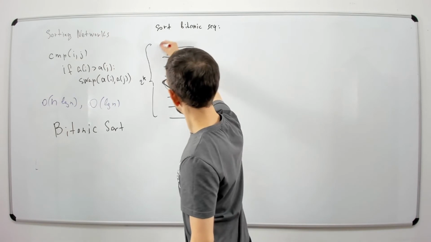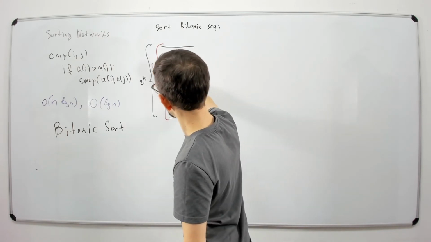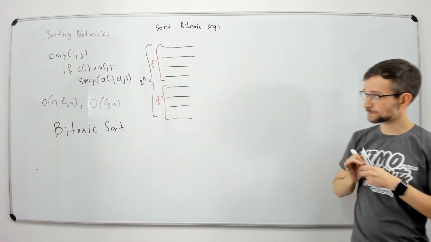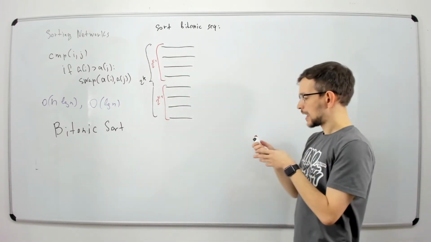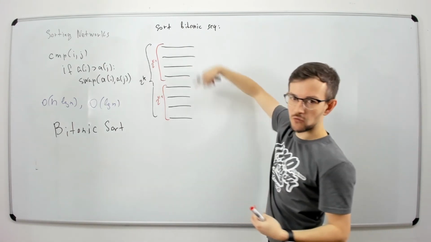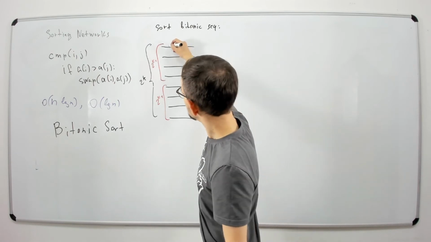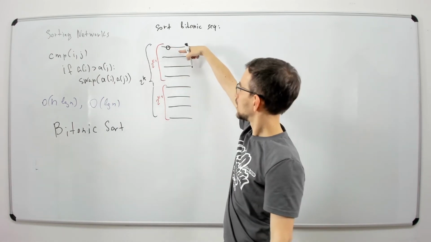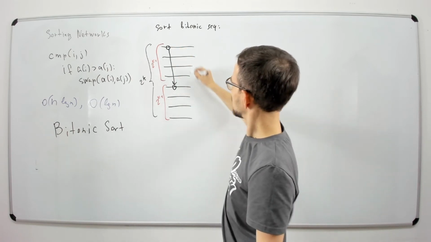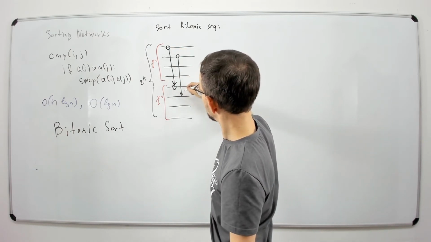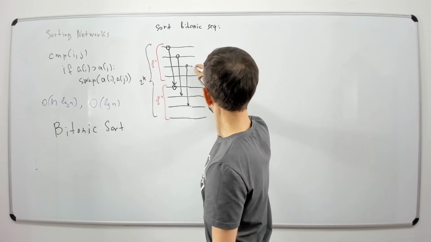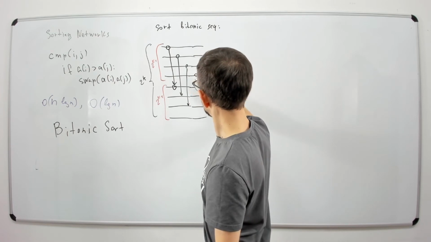Let's say we have the left part of size 2 to the power of k minus 1 here and 2 to the power of k minus 1 here. And now we'll call the comparator for each pair of elements. So we'll compare the first element of this part with the first element of this part. Call this comparator. Now we call this comparator. Now we call this comparator. And then call this comparator.